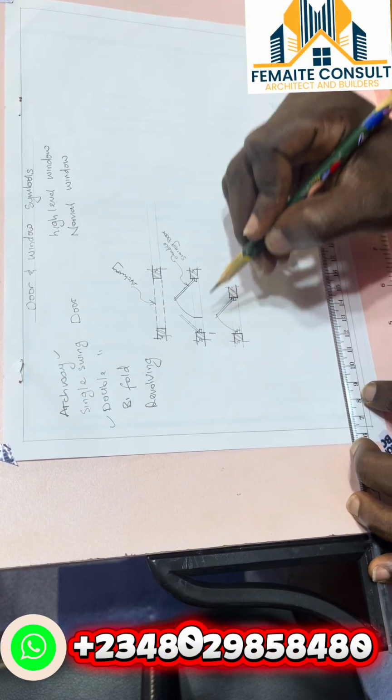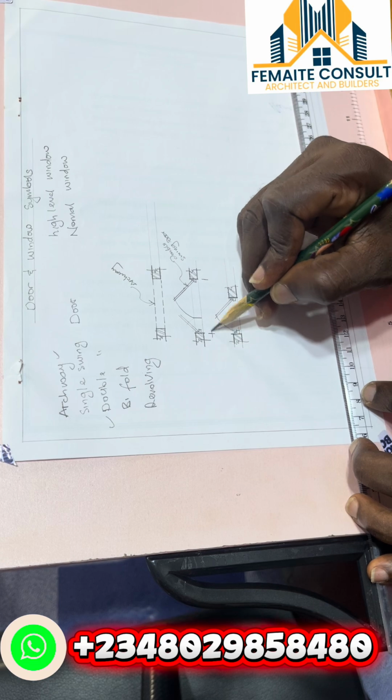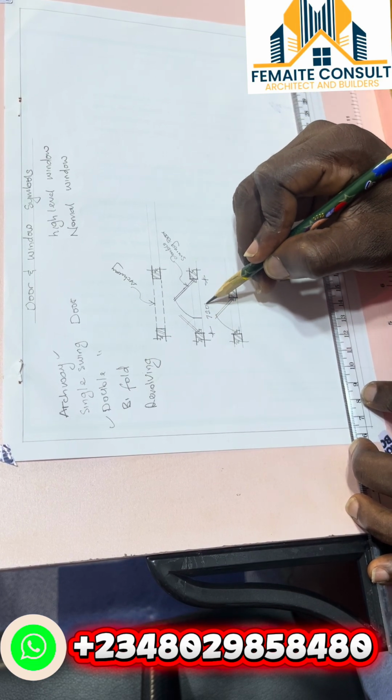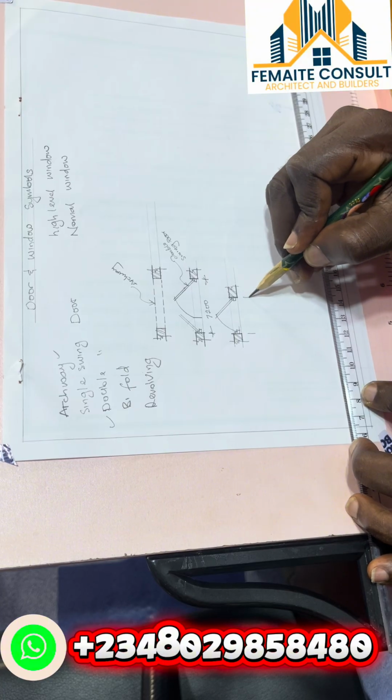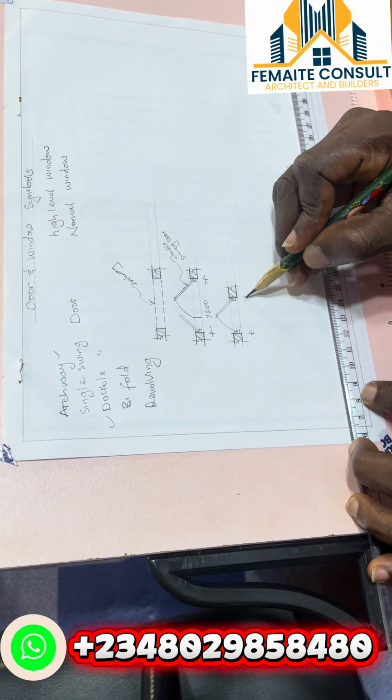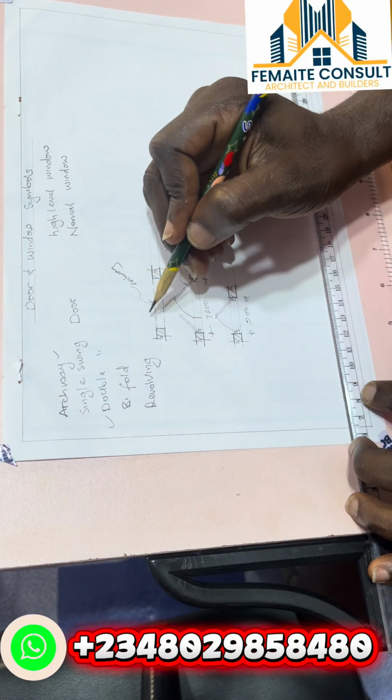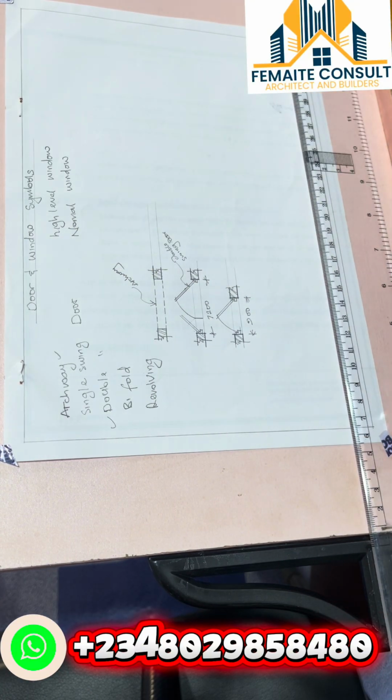From here to here is 1.2. From here to here is 900. This archway you are looking at, it's varied. You can have an archway of 3 meters, 2 meters, 1 meter.